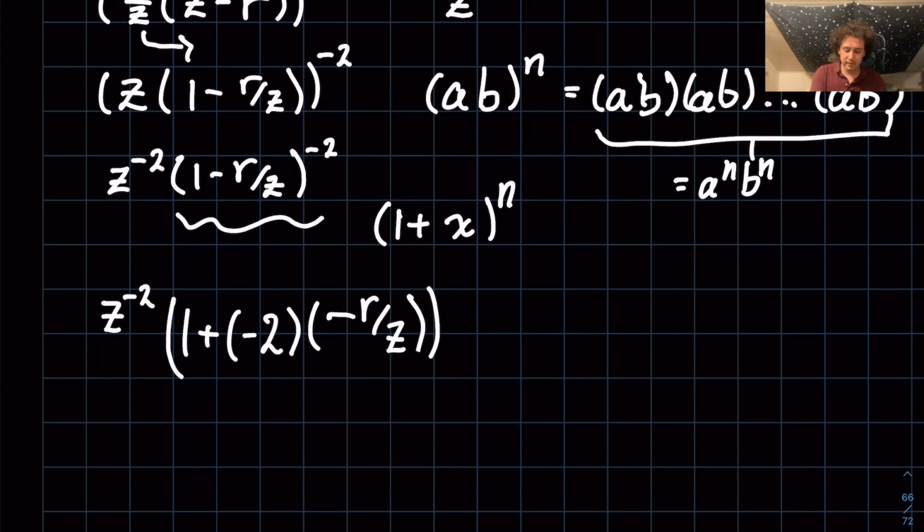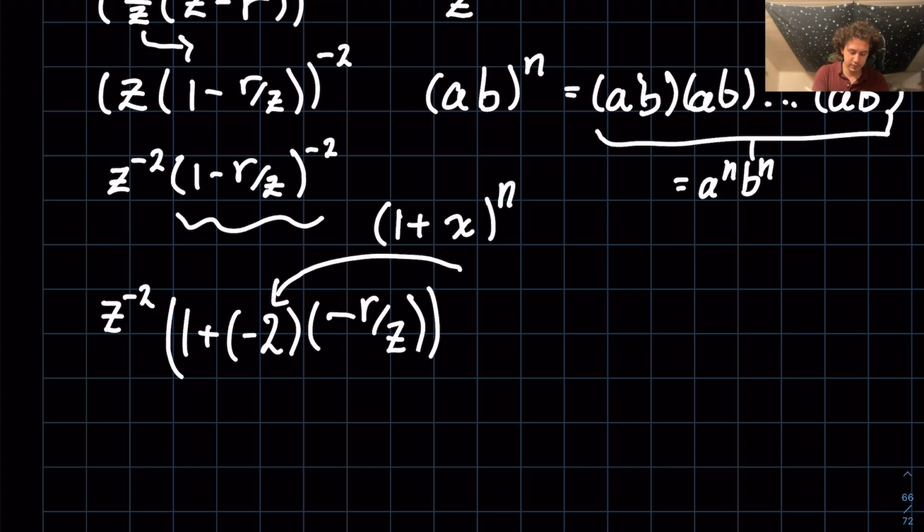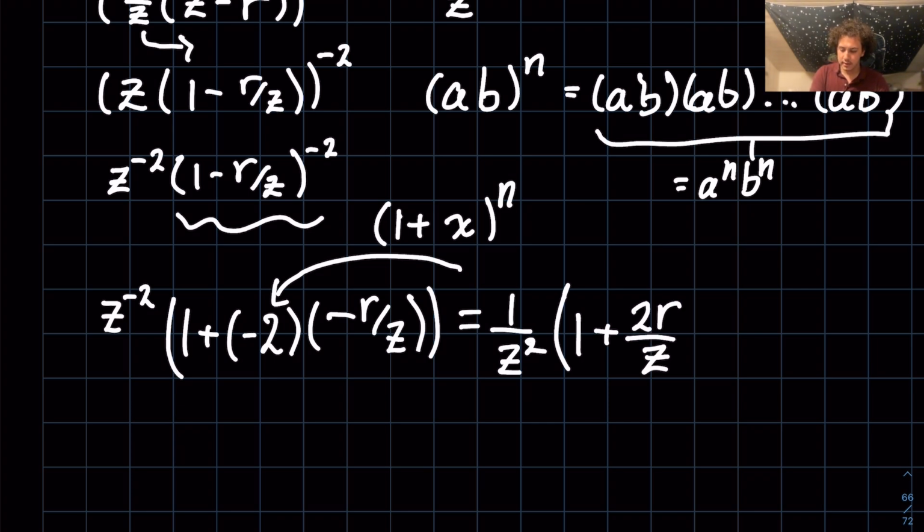And that gets rid of this exponent right here. And now we've brought down the negative 2. And so we can simplify this to say it's 1 over z squared times 1, negative negative cancels, plus 2r over z, right?